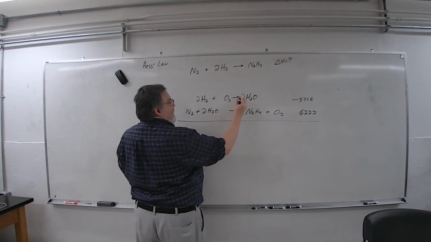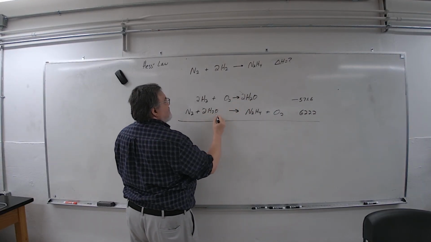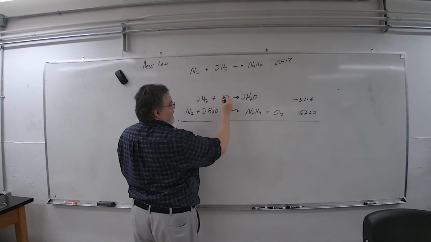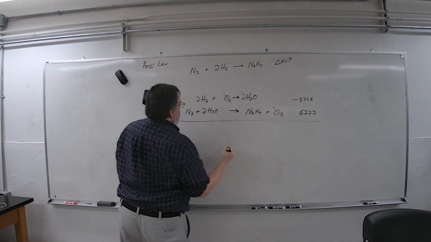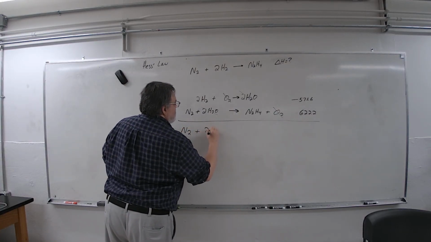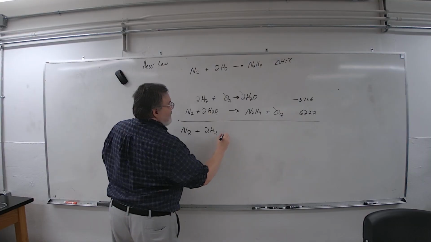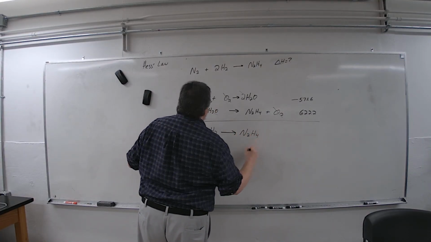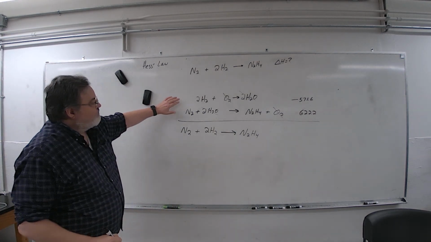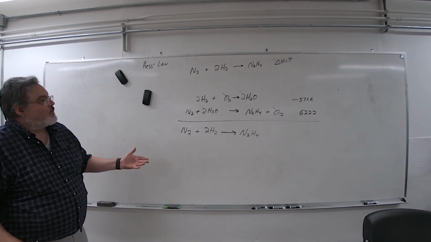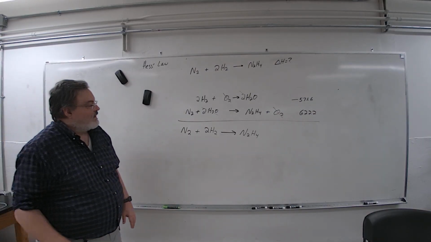2H2O cancels. I don't want the O2 up here, but notice that's going to cancel too now. And I'm down to N2 plus 2H2. Well, that's it. Yeah, that's it. I had H2 there before. That's what we wanted. That's the objective equation.